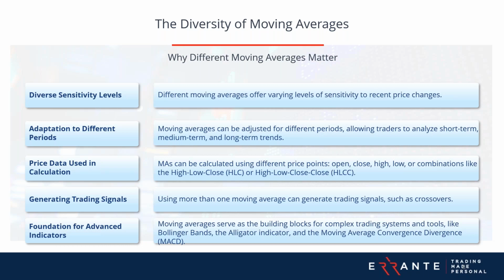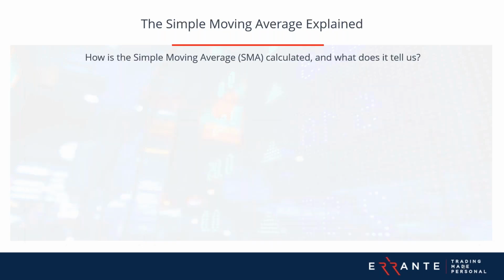So if you want to go one step further and maybe learn about those more advanced oscillators and indicators, you will definitely need to have a great foundation of moving averages.